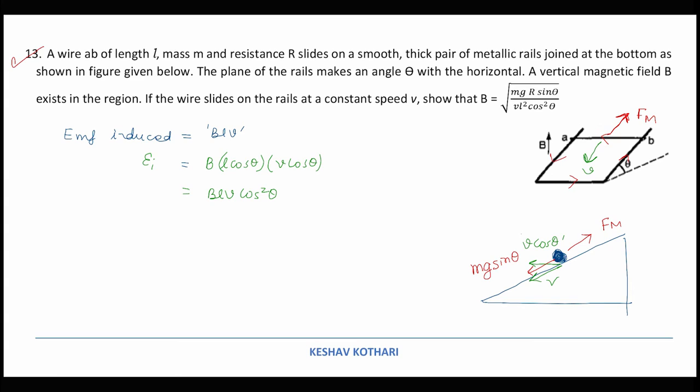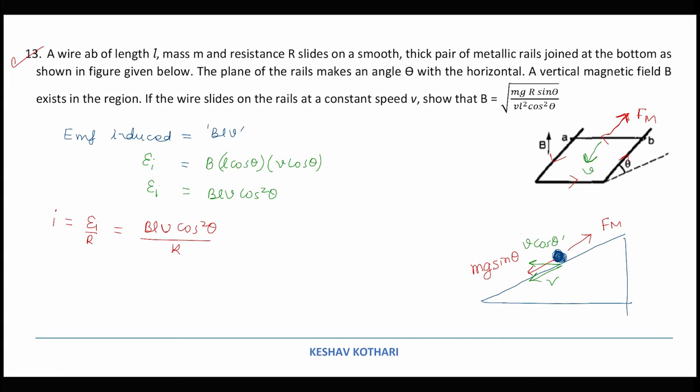So this is going to be the EMF induced. So the value of current which we calculate in this particular circuit is equal to EMF induced upon resistance, which is equal to BLV cos square theta upon R.